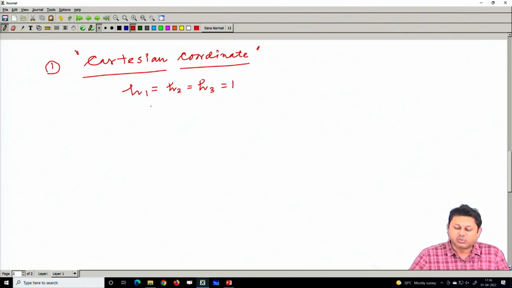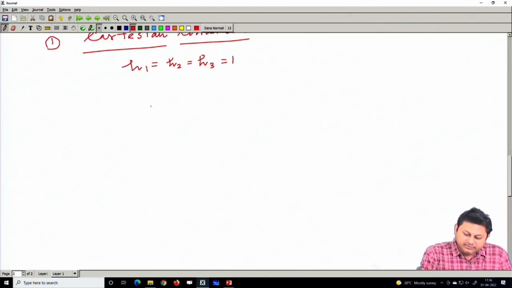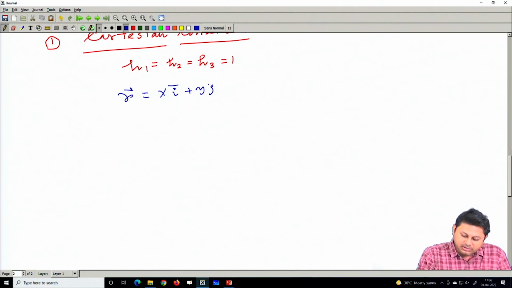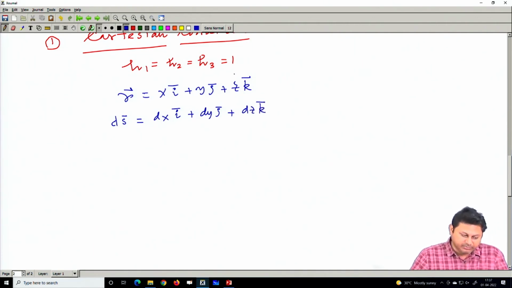What is the r vector? It is x unit vector i plus y unit vector j plus z unit vector k. What is the distance vector, which is important? That is dx i unit vector plus dy j unit vector plus dz k unit vector. H factor is 1, that is why life becomes very simple here.